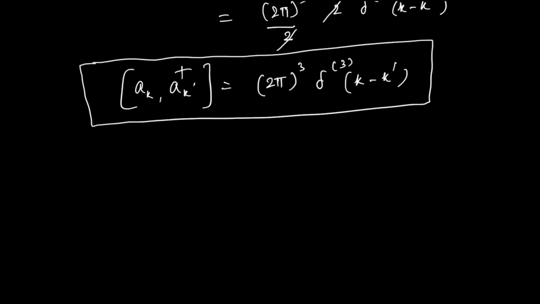So you can see that this is a continuum generalization of the commutator of a, a dagger equal to 1.